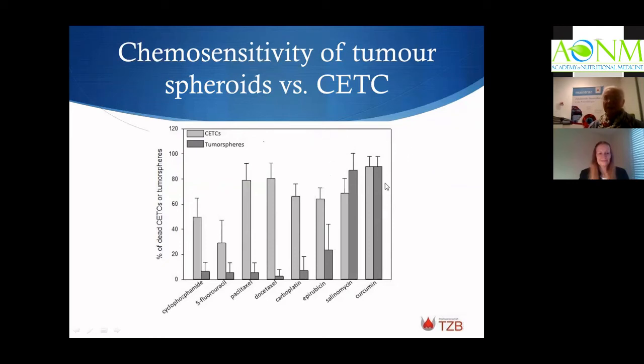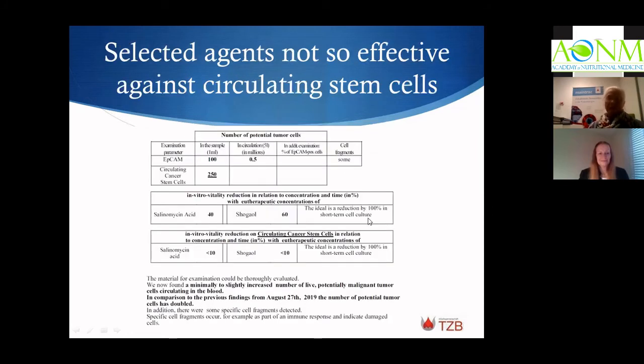But salinomycin and curcumin may be very effective. But, sorry to say, sometimes this doesn't work. In this case, salinomycin was active against the single cells, but not against the spheres.